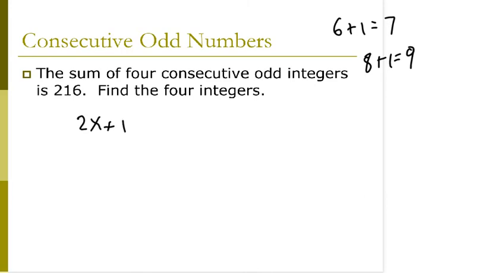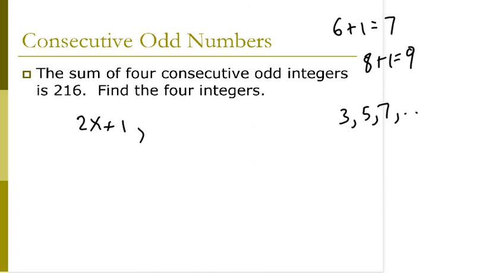So let's think about what the other integers would have to be. It says 4 consecutive odd integers. So in terms of our integers, odd integers would be like 3, then 5, then 7, etc. Notice that each time we go up an odd integer, we're really just adding 2.